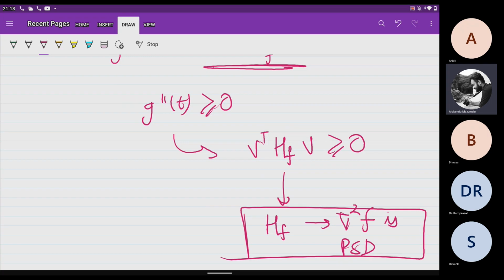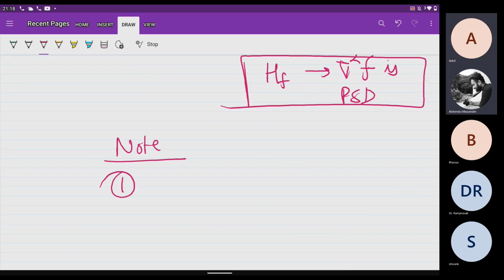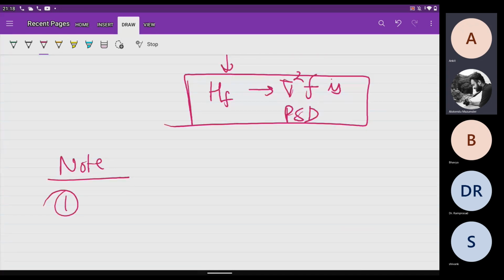Okay. So these were the three main important proofs related to convex functions. Let's note them down. A question: the function g of t is like we are moving the domain of values of x by tv.